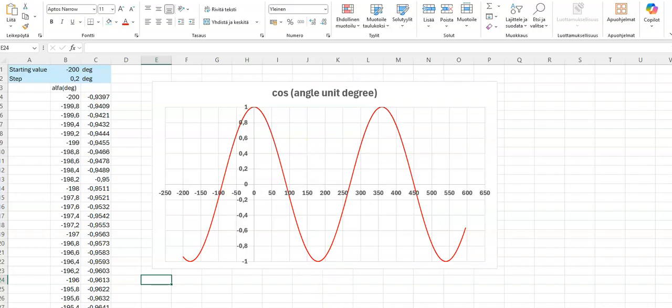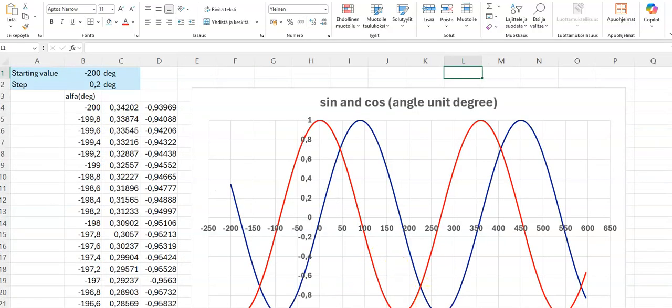Oh, here I had this picture where there was both sine and cosine. So this blue line here is the sine curve, and the red one is the cosine curve. So you can see they look similar, but they are in a different phase.